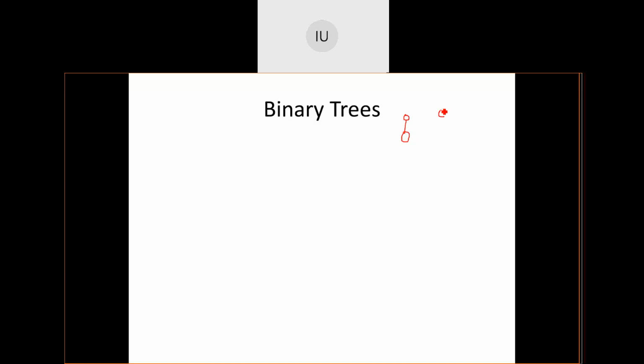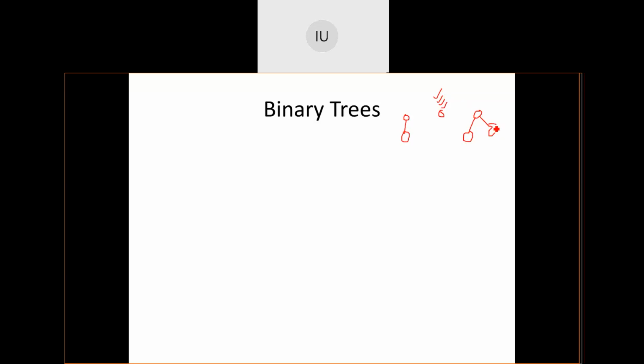It can be binary, ternary, quaternary, n-ary. But when I'm talking only in terms of binary trees, I call it a binary tree. Now, if I draw like this, this is a binary tree because the root node has exactly two children.